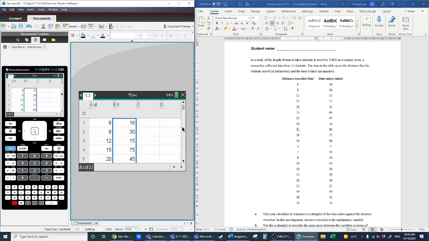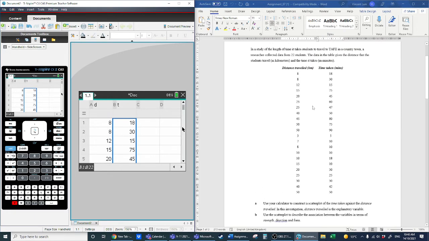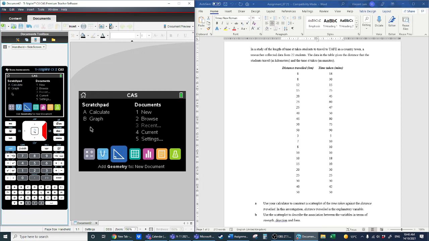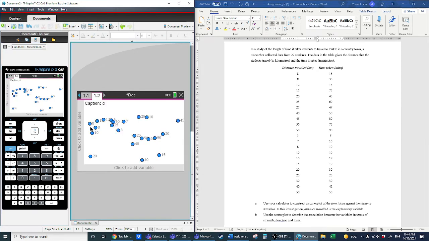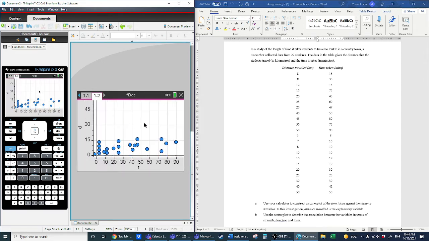Once you've entered the data in, which you can do in your own time and watch this later, distance traveled is the explanatory variable, so the D is your y-axis. Now to bring up your scatter plot, push the on button, go to data and statistics. T, which is time taken, goes on the x-axis, and then D is your y-axis, and there is your scatter plot on the CAS calculator.